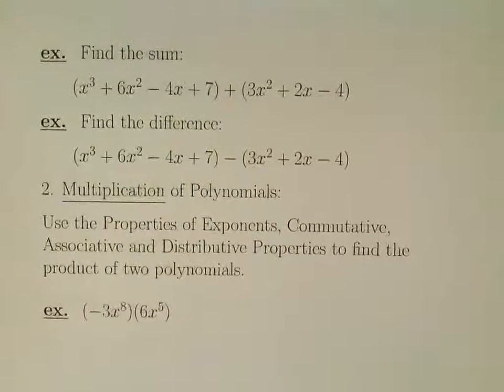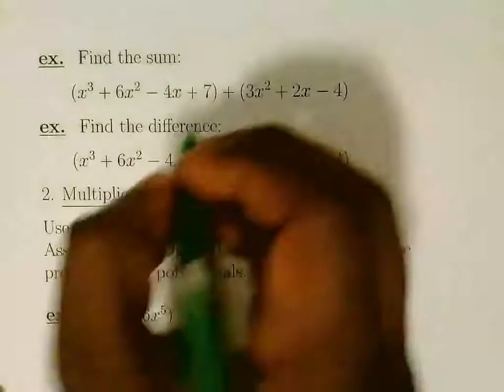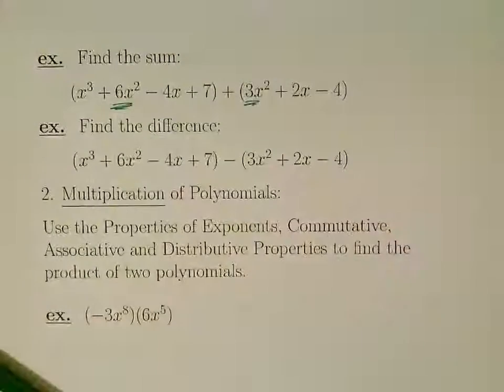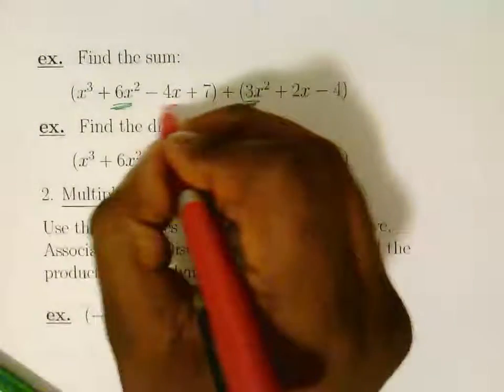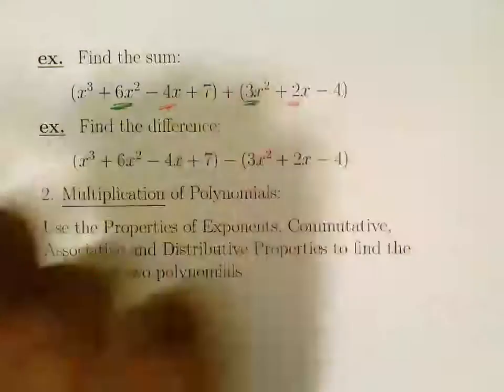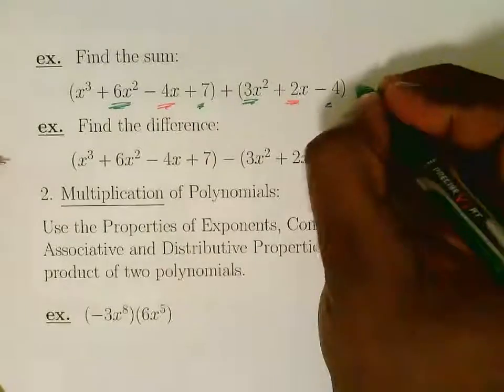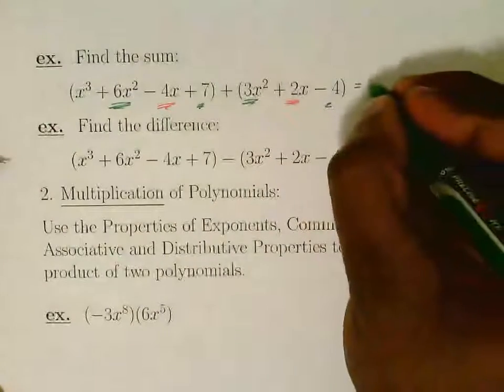So just find what the like terms are. So right here you can see like terms, like terms again, and then like terms. So just write down all the terms and combine the like terms.